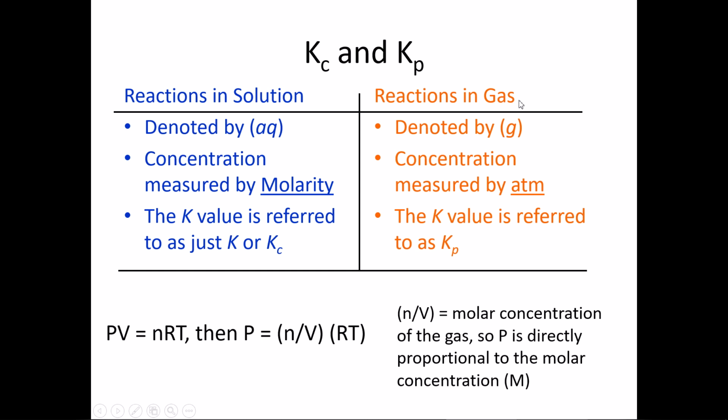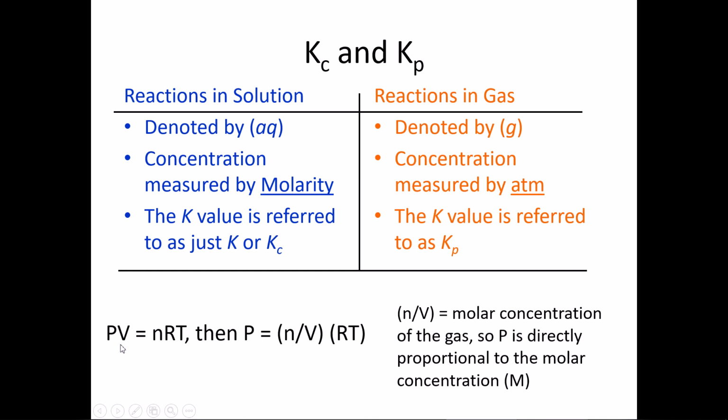If my reaction is completely in the gas state, or I have solids and gases, but no aqueous components, I can refer to it as a Kp and measure my concentration in terms of pressure units. Right? For a gas, the pressure is proportional to the concentration, based on the ideal gas law that you hopefully remember from previous class.